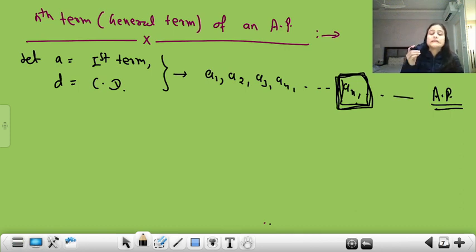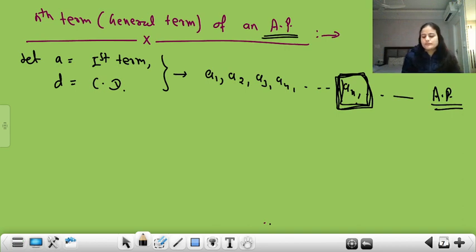And this we can easily find with the help of the definition of an AP. What was the definition? The difference of a term and the previous term is always constant, right? And the second definition was: each term except the first term can be obtained by adding a definite quantity to its previous term, right?